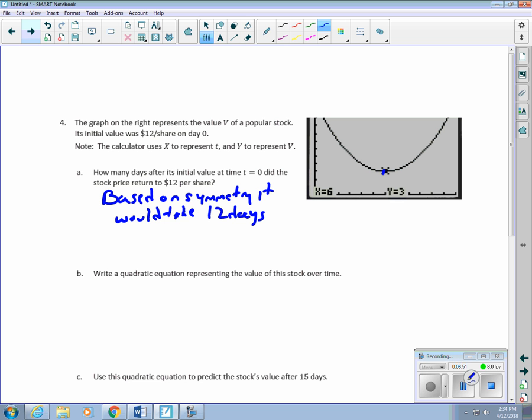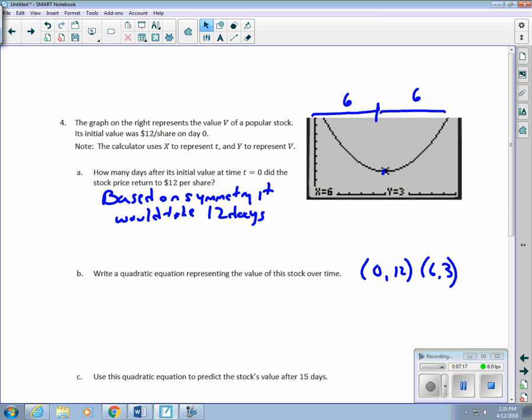All right, so my 2 points are (0, 12) and (6, 3), and (6, 3) is my vertex. So I need to find the point that is on the opposite side. So if I'm 6 units away this way, then I'm 6 units away on the other side, which is how I get to 12.